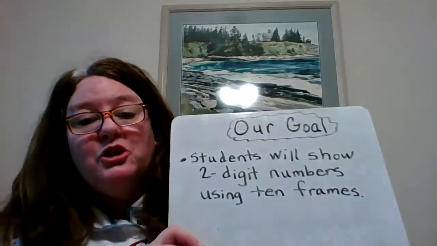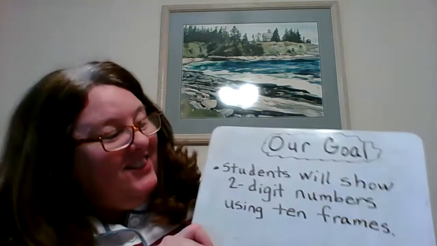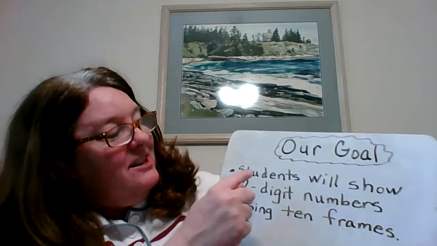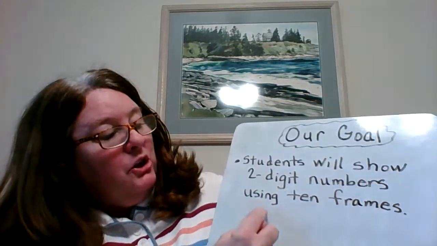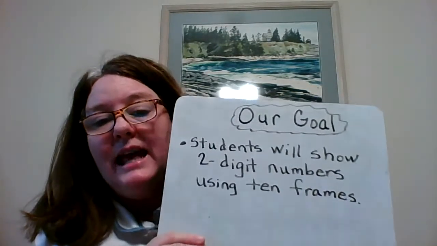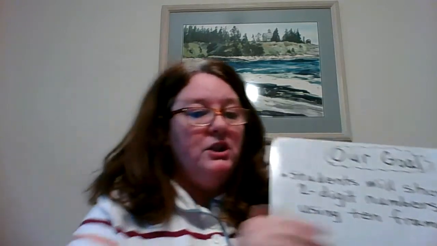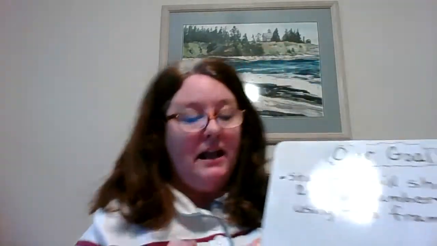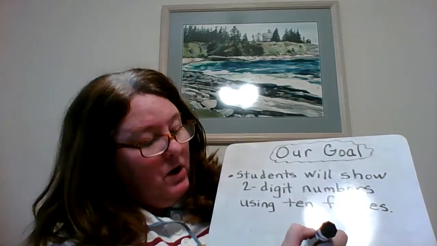Our goal says, students, raise your hand if you're a student. That's all of you. You are kindergarten students. Students will show two-digit numbers using 10 frames. So today we're going to use 10 frames to show two-digit numbers. And remember, two-digit numbers are numbers that have two numbers, something in the tens and something in the ones.